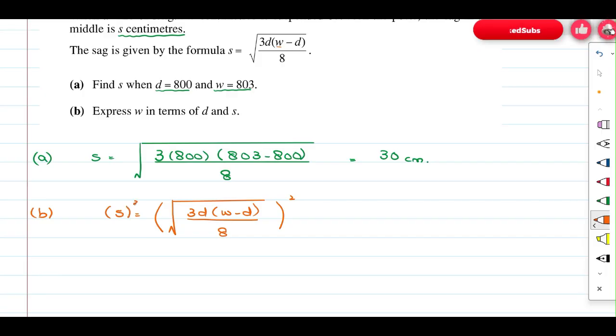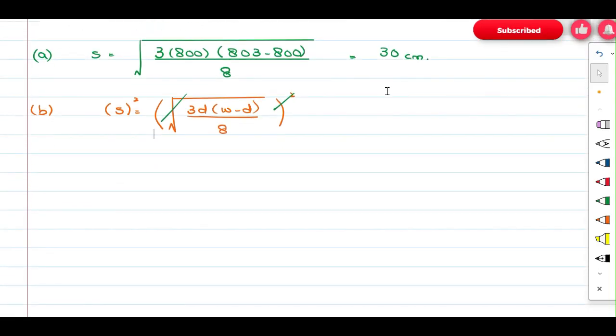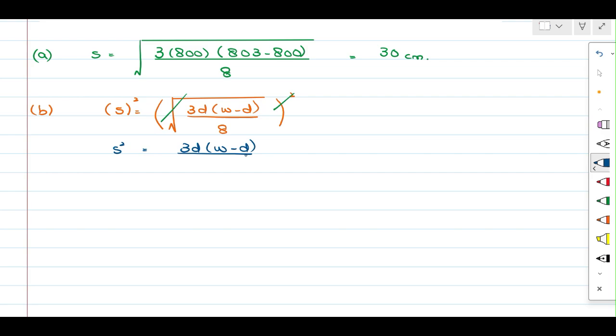When you square both sides, the square and the square root cancel out. We are left with S squared equals 3D into W minus D, divided by 8. Now 8 is cross multiplied: 8S squared equals 3D into W minus D.